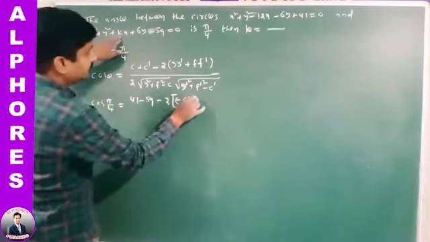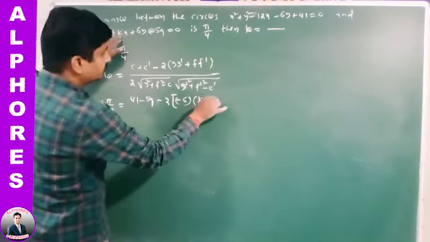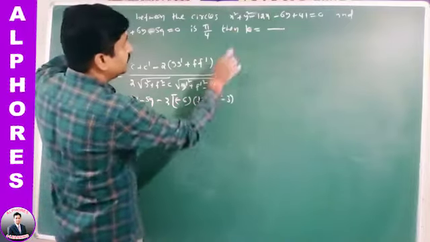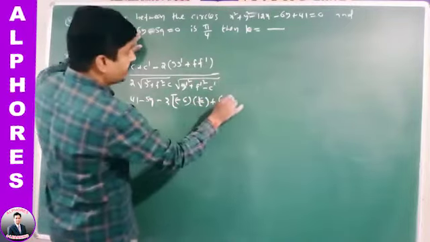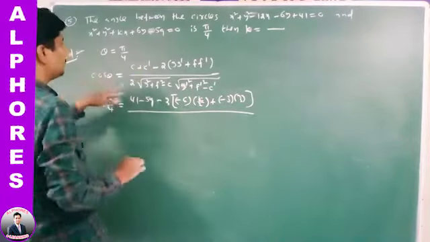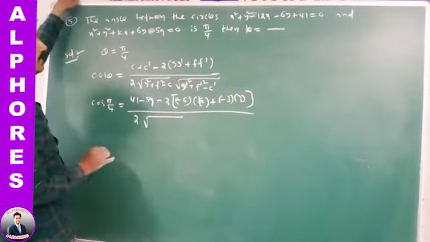Here g dash equal to k by 2, plus ff dash, f is minus 3, f dash is 3, divided by 2 into under root of g square.